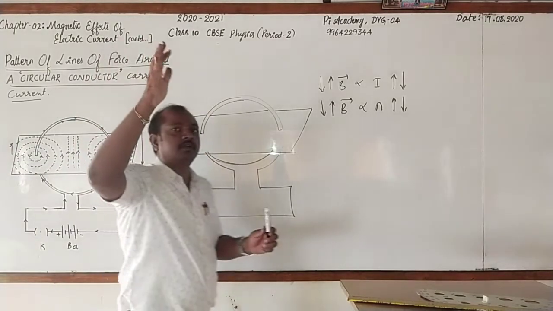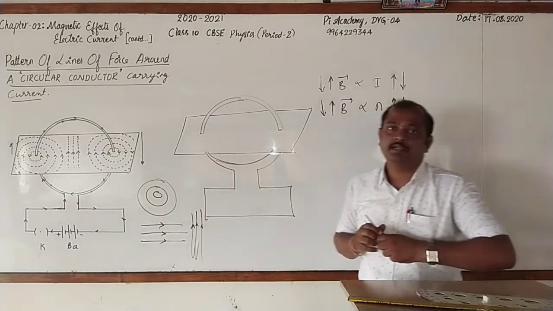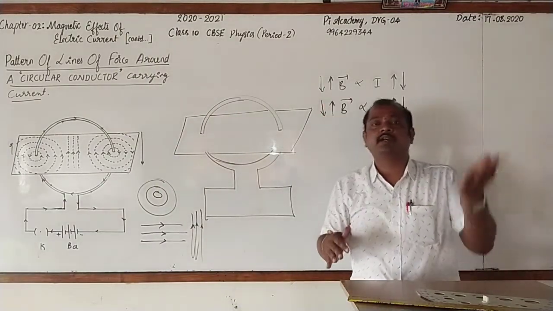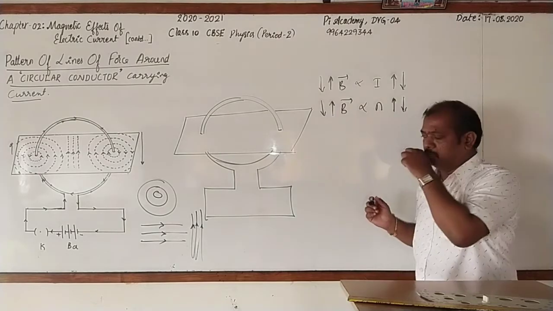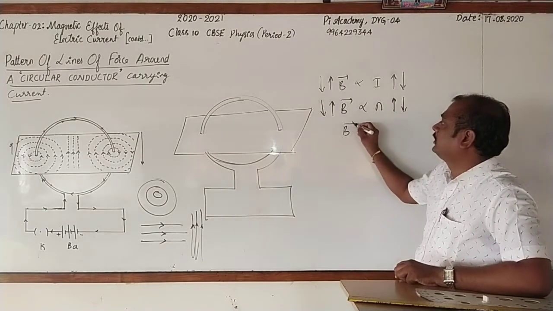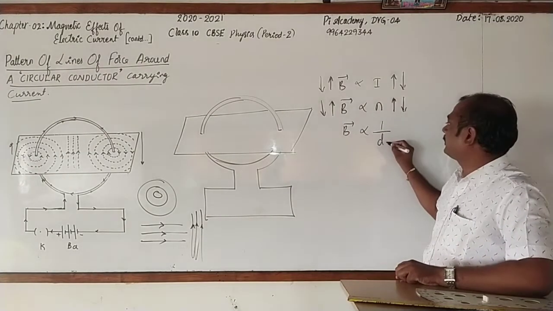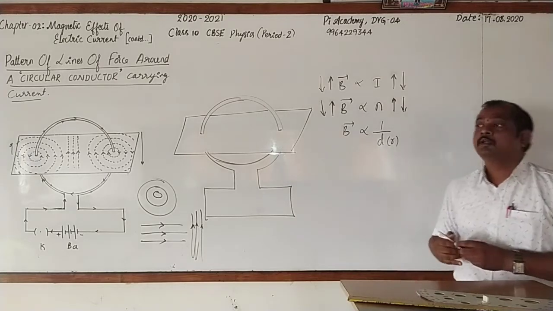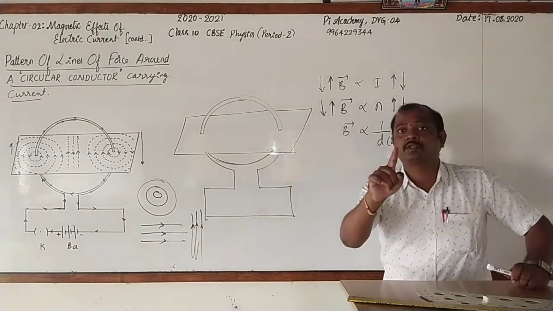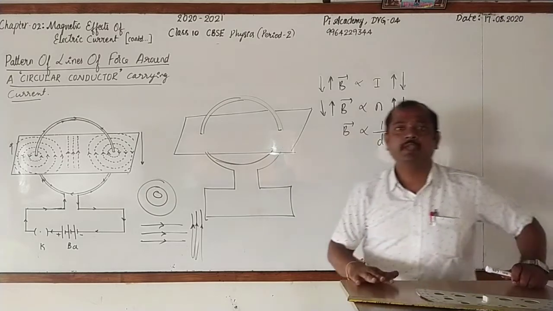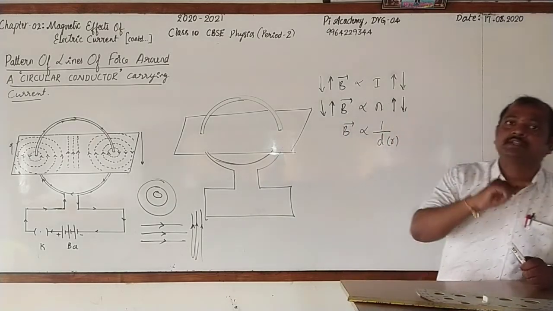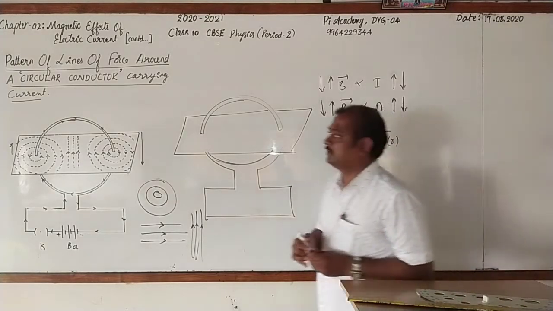As one quantity increases, the other quantity decreases. As one quantity decreases, the other quantity increases. Hence we can say that field strength is inversely proportional to distance, nothing but the radius of the field lines.